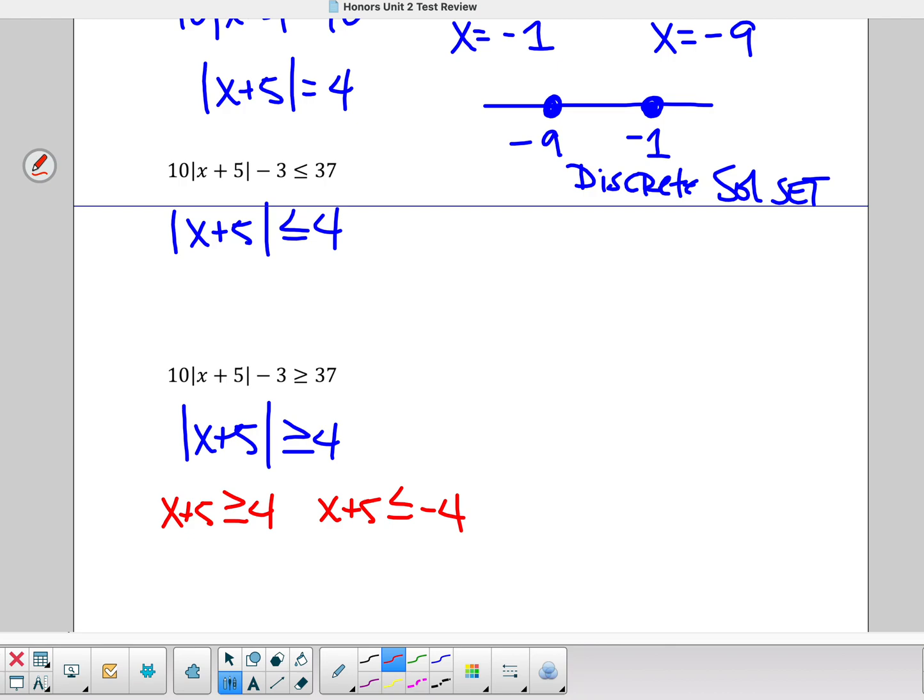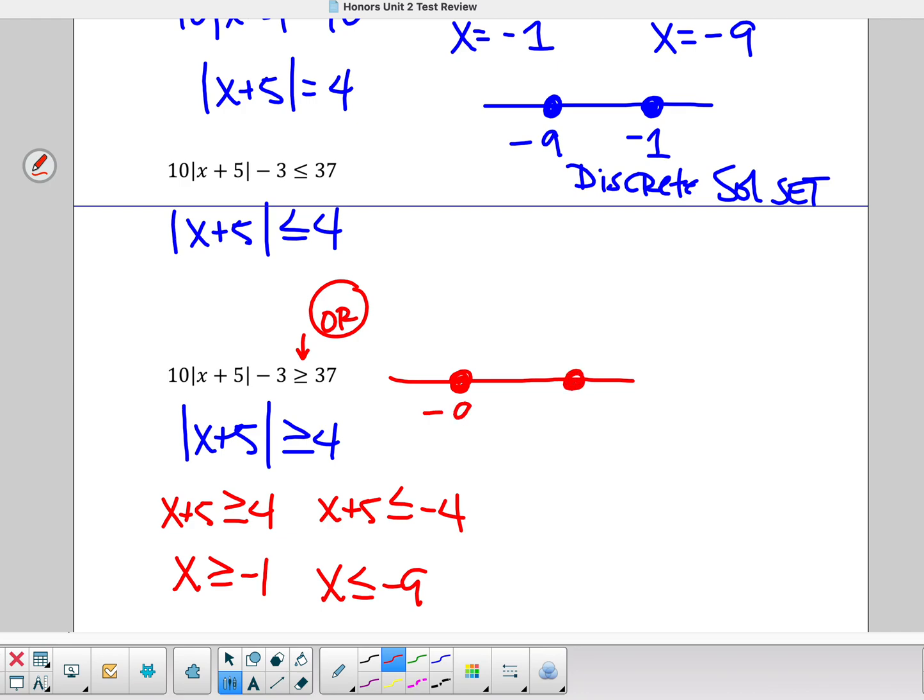But you're going to arrive at the same boundary points either way. And then to graph this, the greater than always graphs as an or. So here are my two boundary points. x is less than or equal to negative 9, x is greater than or equal to negative 1.